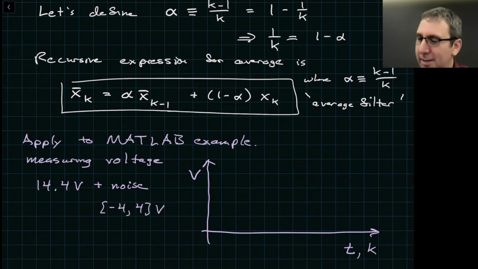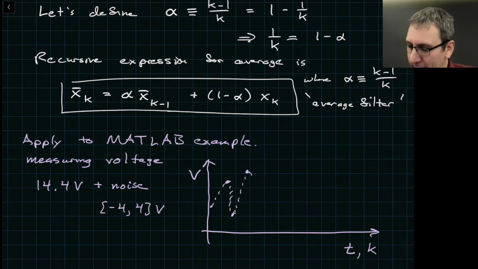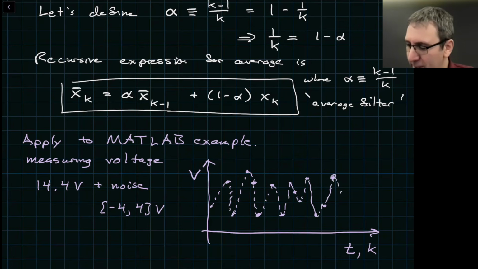And if the measurement is really wild, well, it has noise. So I don't know what it's going to do. I'm just sort of putting data points and then some kind of dashed line between them. If we were to calculate what the true average is from all data points, we would get this.